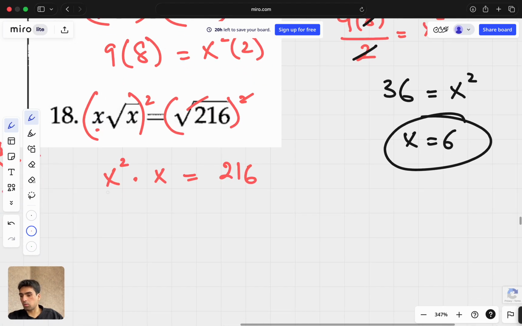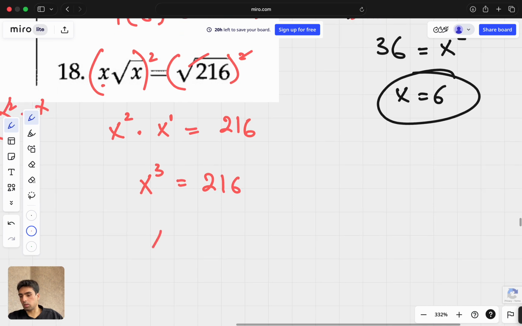This is equal to x squared, and then this is 1. Because they're multiplying, you add the powers, you get x cubed equals 216. And then we need to find the cube root of 216. You take the cube root on both sides to cancel it out. Cancel. You get 6.